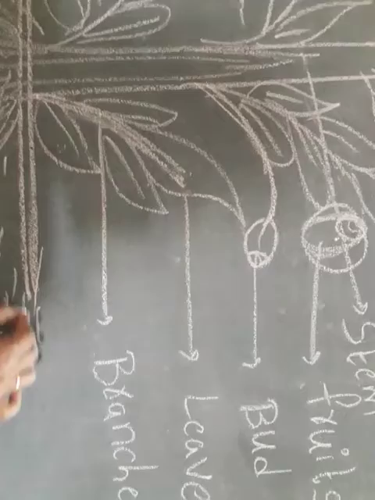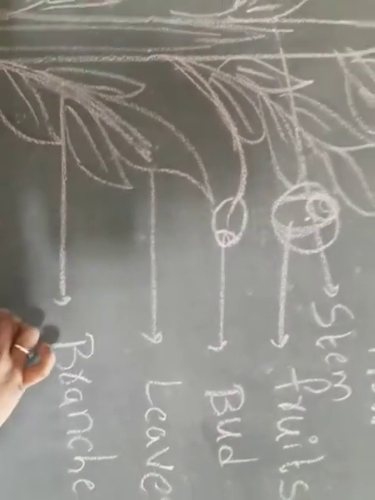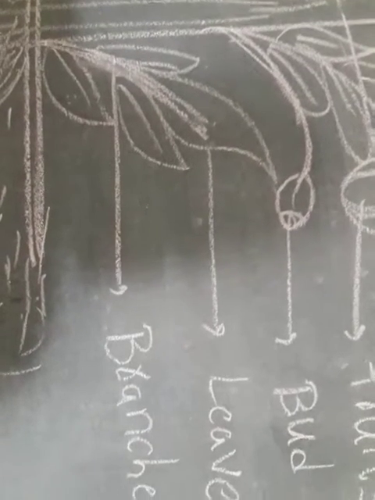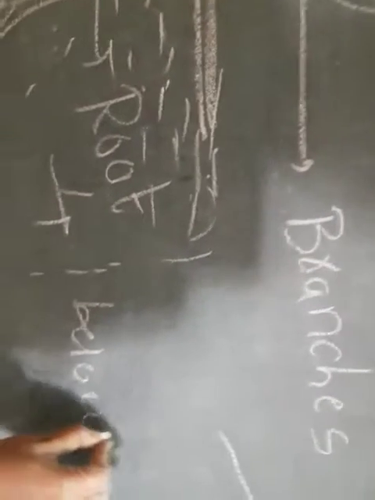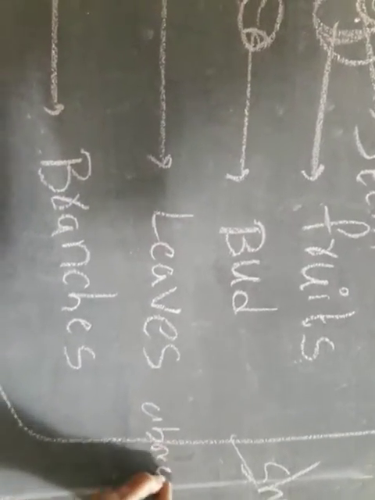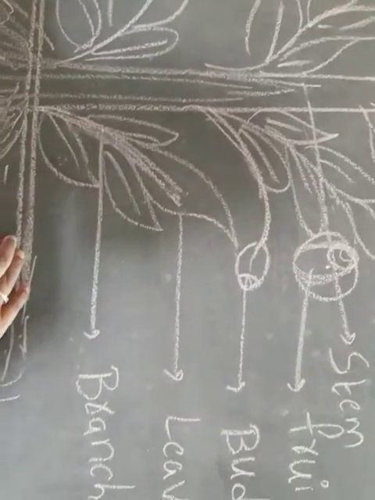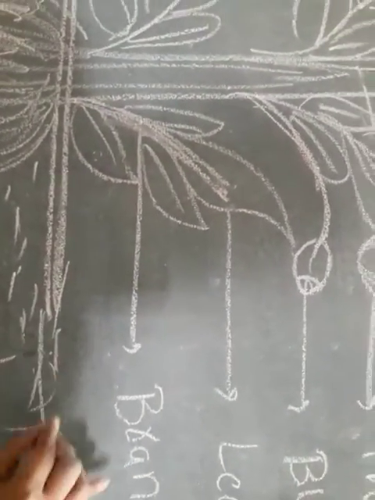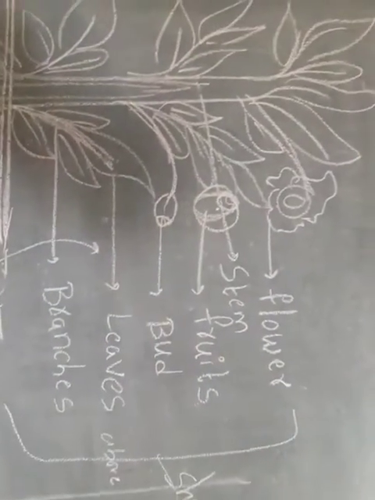Okay, here see, look at the picture. A part of a plant which grows above the ground. It is a ground part. It is below the ground, and it is above the ground.